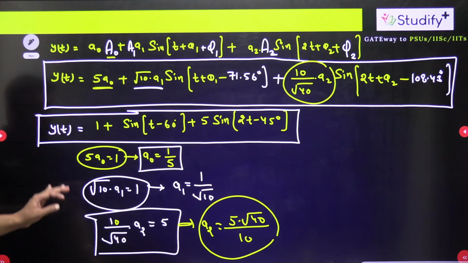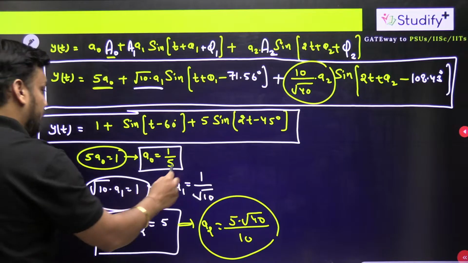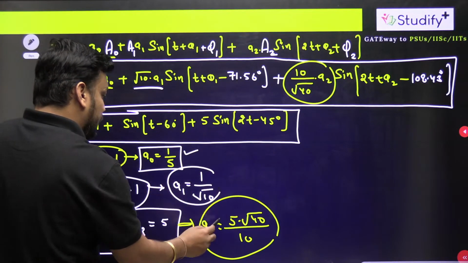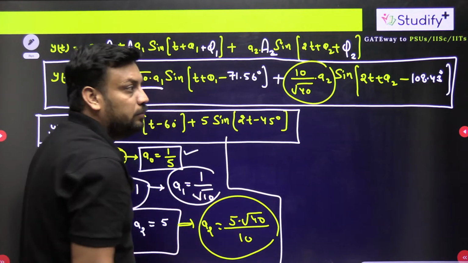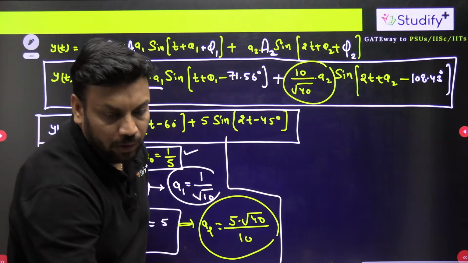तो ये सब हमारा, ये देखो A0 आ गया, A1 आ गया, A2 आ गया. Now we are looking for 5 and 5 2.